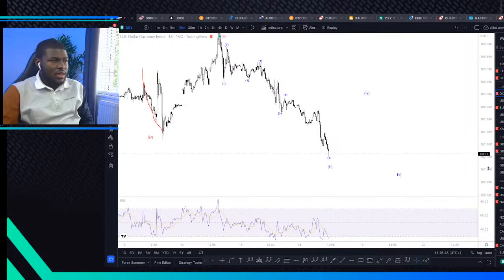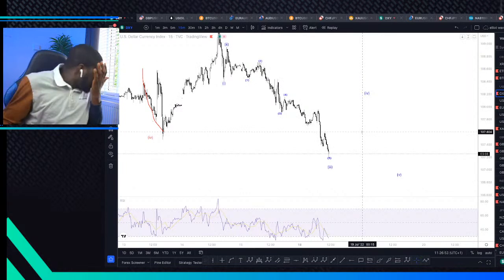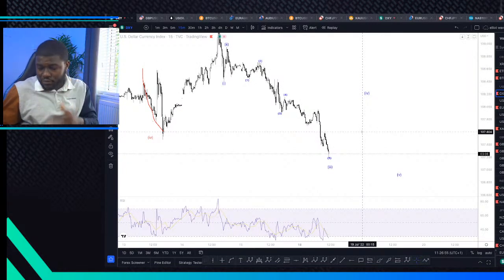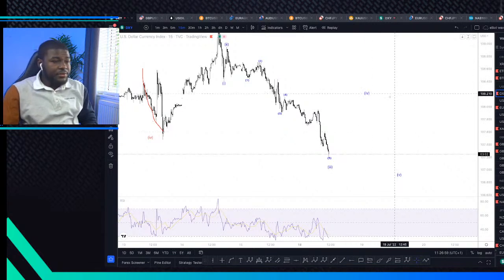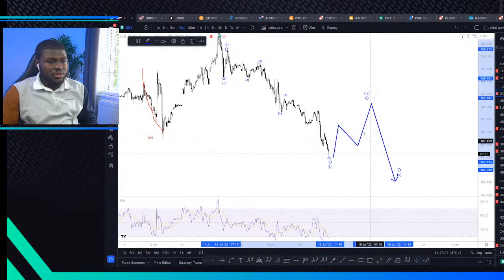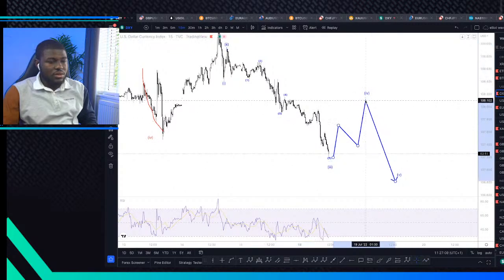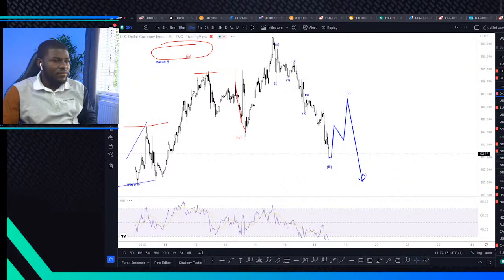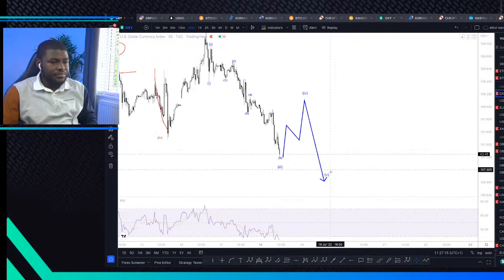So for me, I'm anticipating a correction to the upside. So a bit of correction, then we are going to see market continuing to sell to the downside for wave 5. That is what I am expecting for DXY, guys.